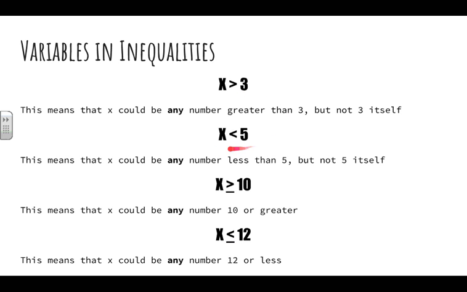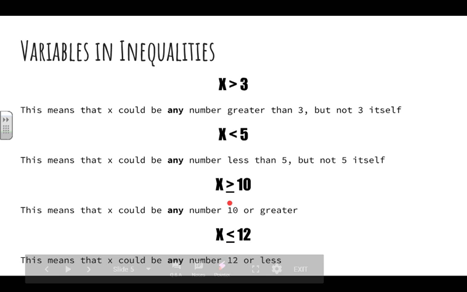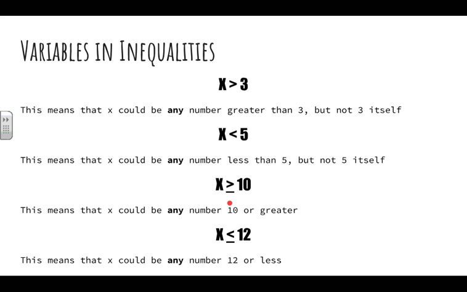Here we have x is less than 5. So that means that x could be any number less than 5, but not 5 itself. So 4.5, 2, -7, 3/4, any number less than 5, but not 5 itself. Here we have x is greater than or equal to 10. So x could be any number greater than 10, or it could be 10.